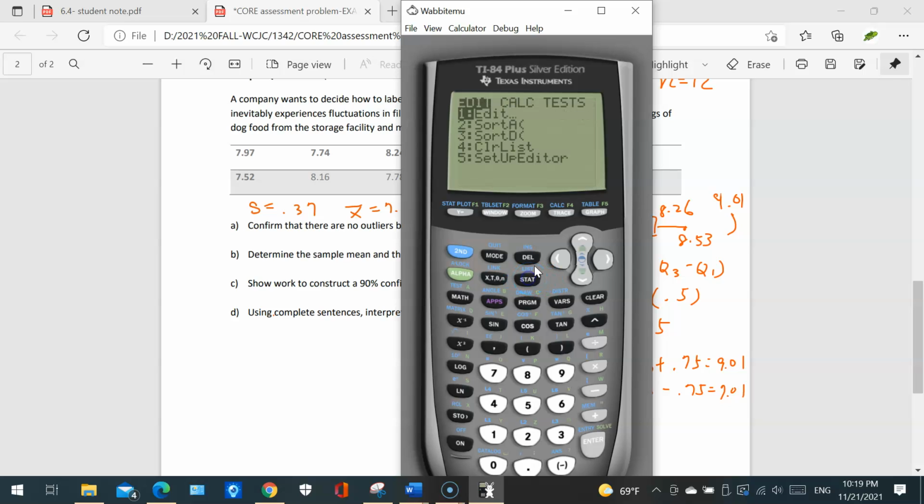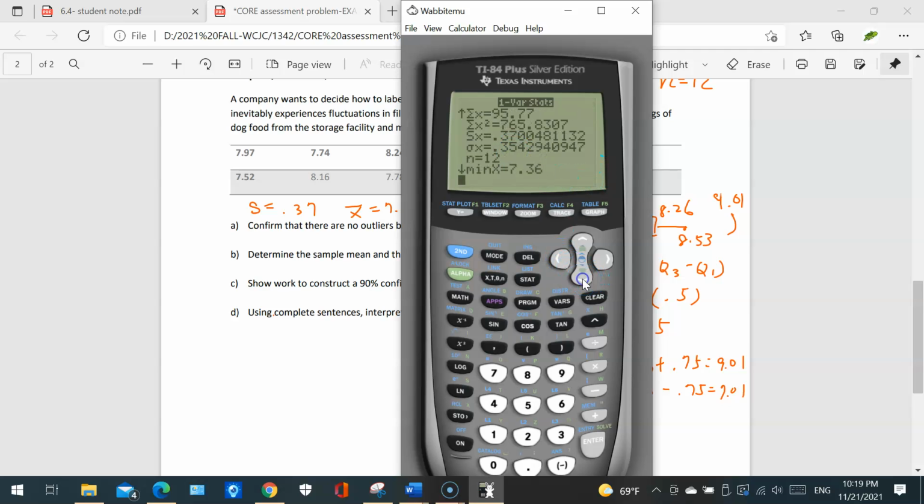Now click on STAT one more time. Go to CALC. Click on 1-Var Stats. So enter, enter, enter. Now you'll see the sample mean is 7.98. The sample standard deviation is 0.37.